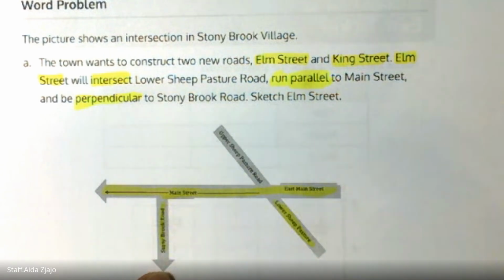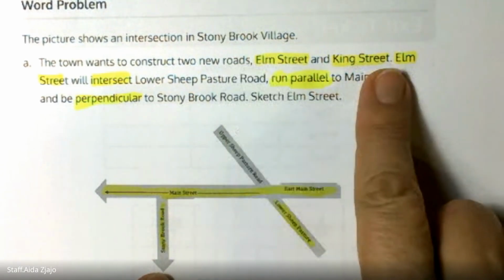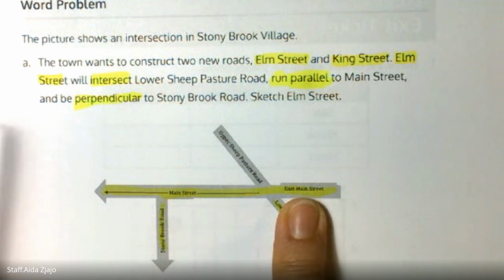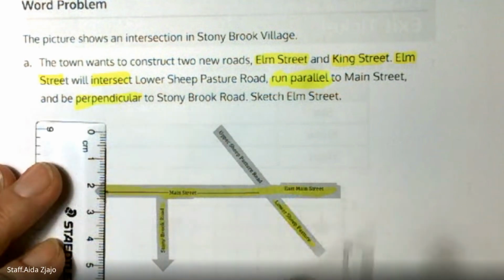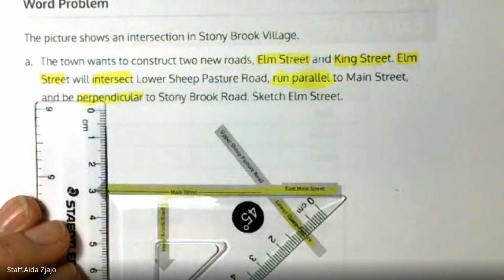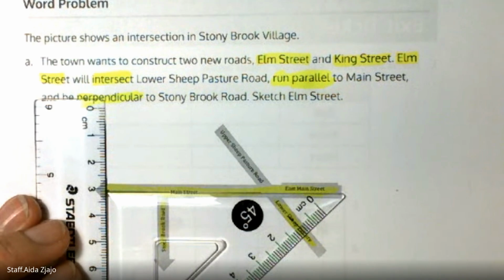So if this new Elm Street has to go parallel to the main, I'm going to use my little triangles. And first I'm going to make it parallel to Main Street. Okay.